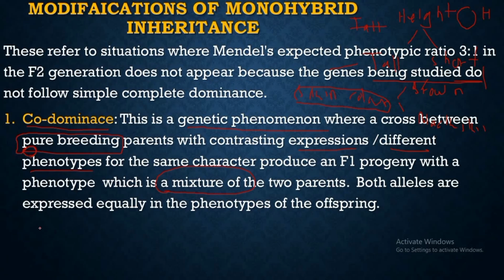For example, if a mother is brown and a dad is black, then they produce an offspring, a daughter or a son, with both black and brown patches.